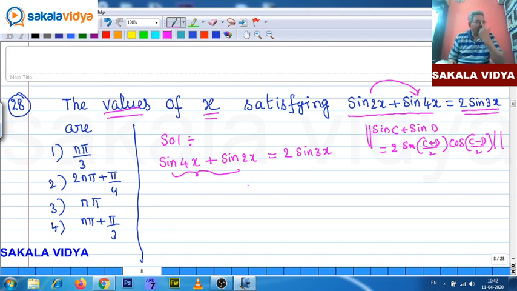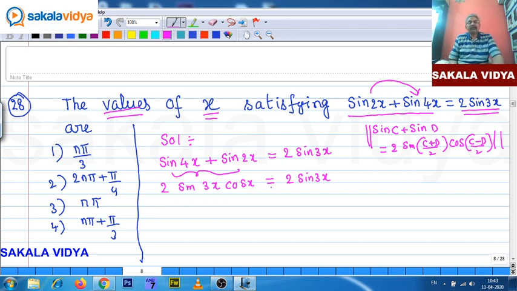With the help of this formula, this can be written as 2 sin of 4x plus 2x, 6x by 2, 3x; 4x minus 2x is x, that is cos x, equal to 2 sin 3x. Generally you will cancel out the sin 3x. Don't do that in trigonometric functions.